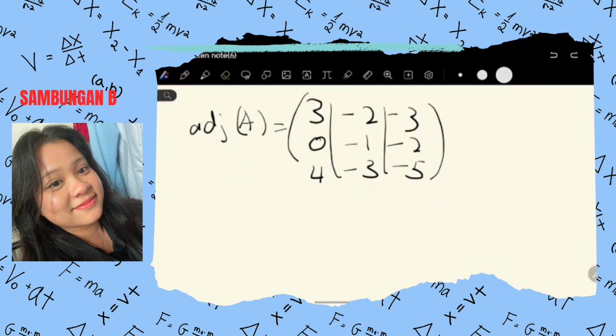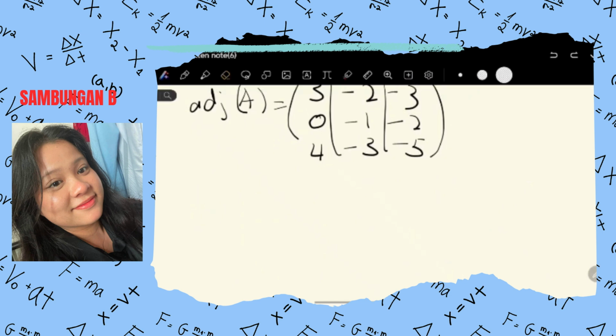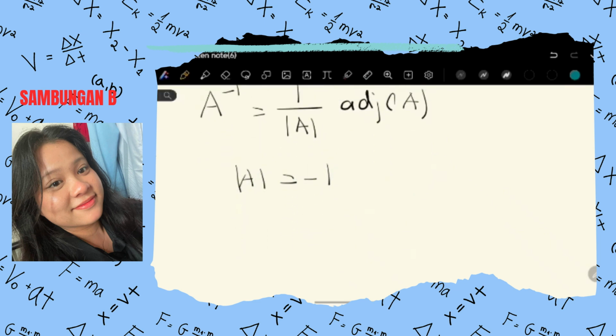Next, we need to use the inverse formula. The inverse formula is A inverse equals 1 over the determinant of A times the adjoint. The determinant is -1, so we need to put it into the formula.